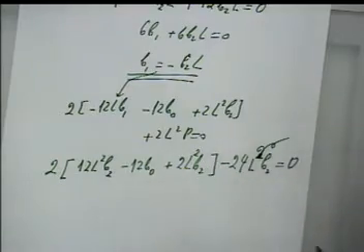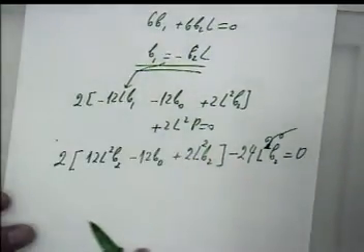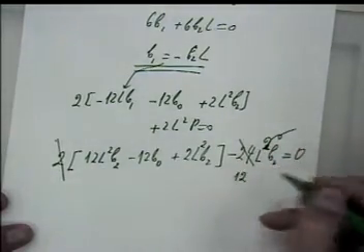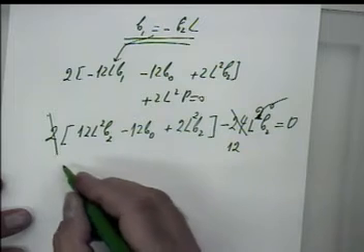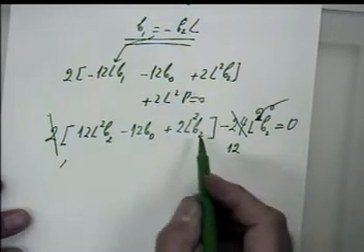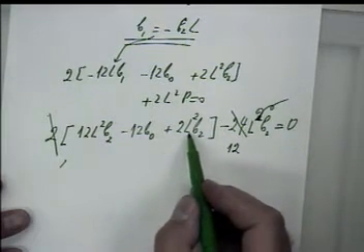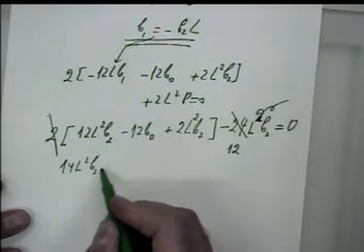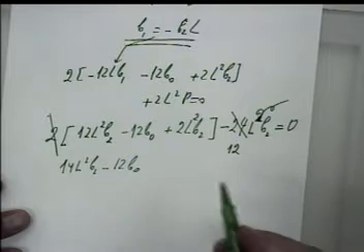Okay. So this 2 and 24, we get 12 here. So then I will get 12 plus 2 will be 14 L square b2 minus 12 b0.